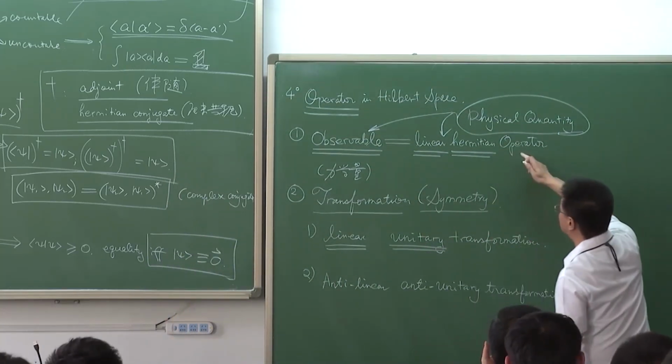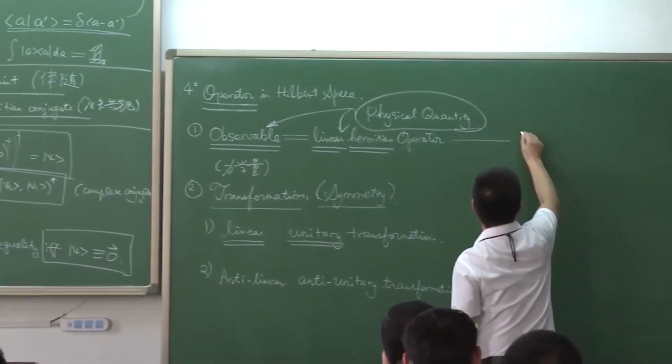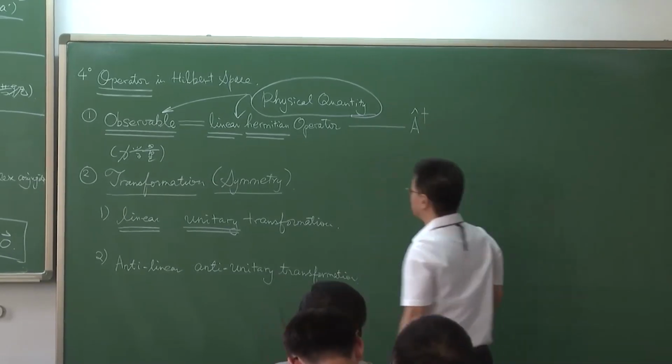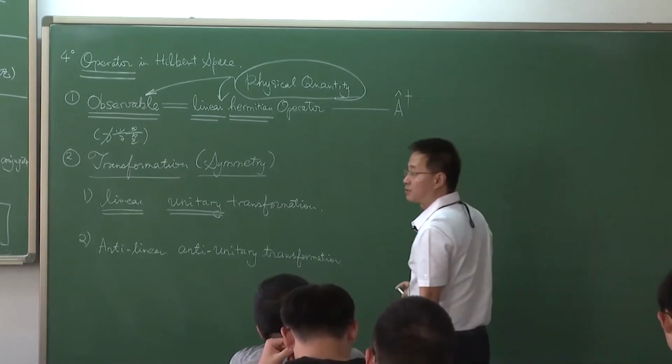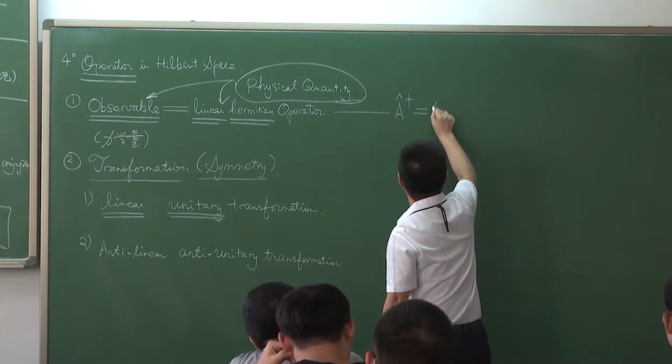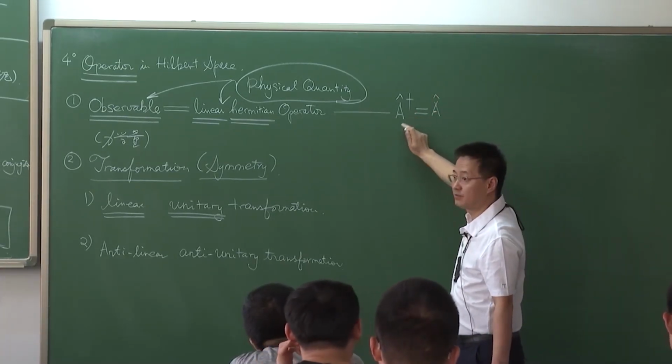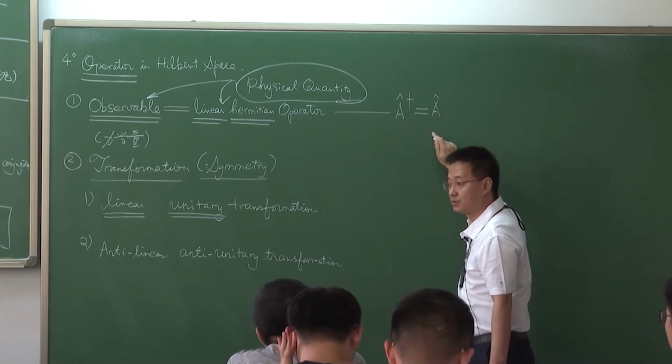If you have this linear Hermitian operator, that means its Hermitian conjugate is equal to itself, or the adjoint of the operator is equal to itself.